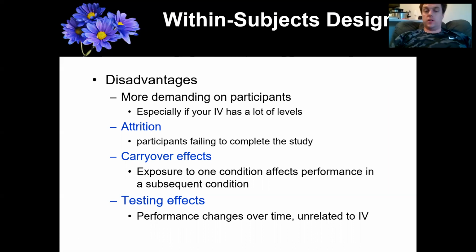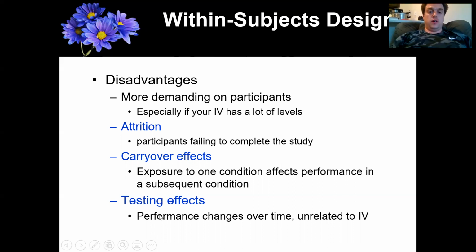This is just an overview, and we'll go into these in more detail, one at a time. Attrition is, again, participants failing to complete the study. Carryover effects are when exposure to one condition affects performance in a subsequent condition.